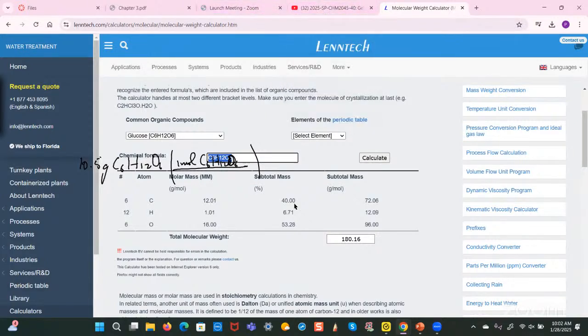Well, this breaks it down: for 6 carbons, that's 72.06 total. For 12 hydrogens, that's 12.09. And for 6 oxygens. I see where I messed up.